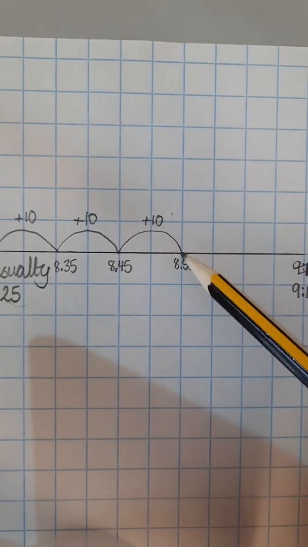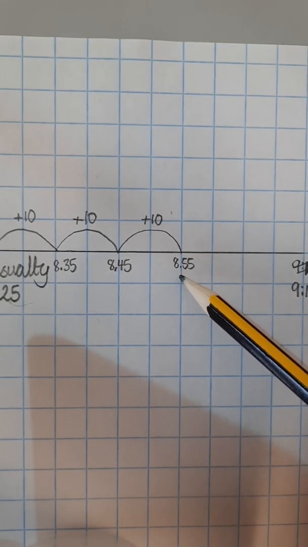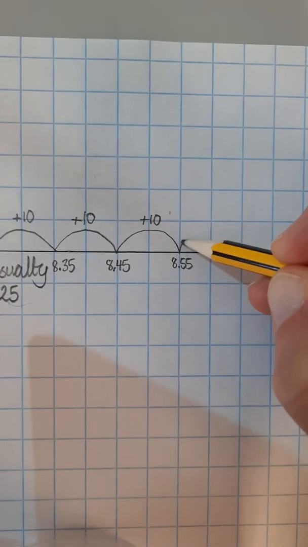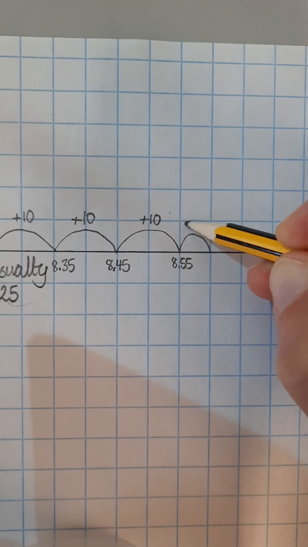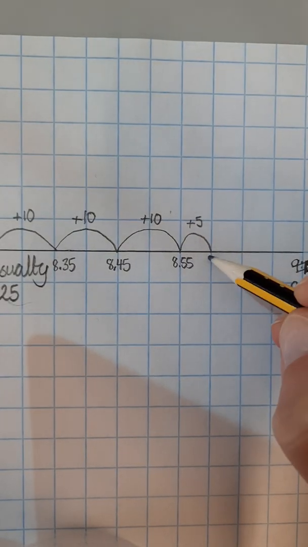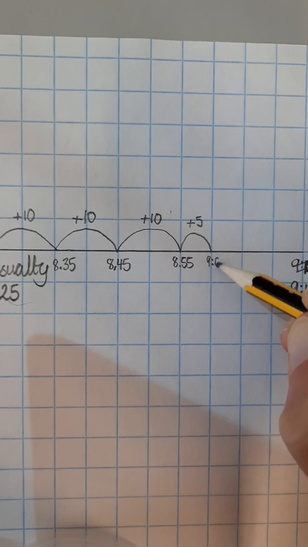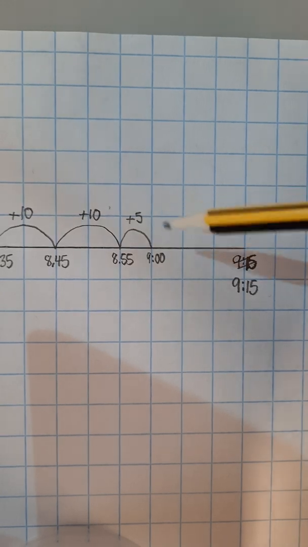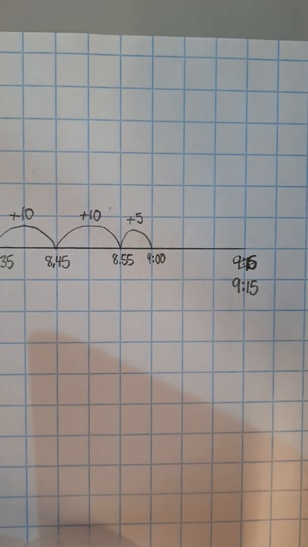Now to make my life easier, I want to go from 8:55 to 9 o'clock. So I'm going to make a much smaller jump. I'm going to make a jump for the last 5 minutes. So I'm only going to go plus 5. That takes me to 9 o'clock. I then have a time between 9 o'clock and 9:15.